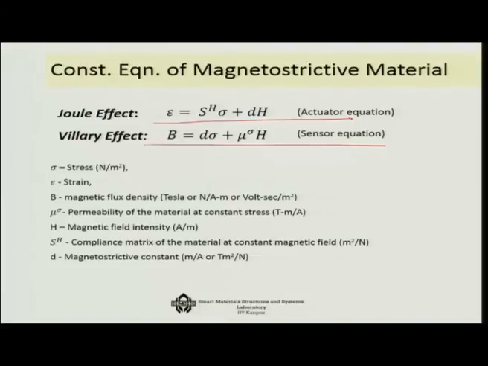Now, if you look at each one of these equations, in the Joule effect, you can see that the mechanical strain can be related to the mechanical stress, which is the normal Hookean part. Also, you can use the magnetic field intensity along with d, where d is nothing but the magnetostrictive constant. You can use that in order to generate the mechanical strain in the system.